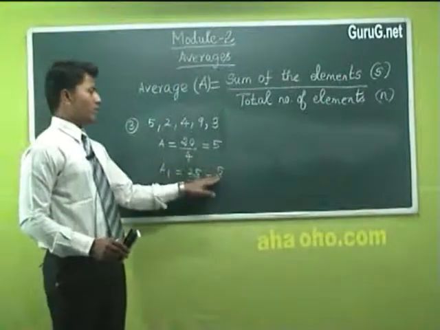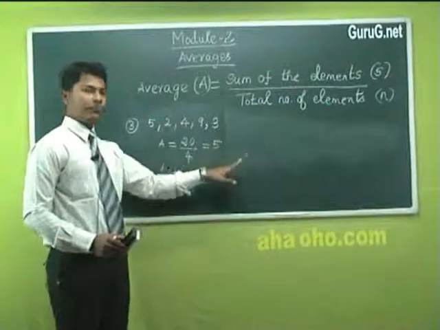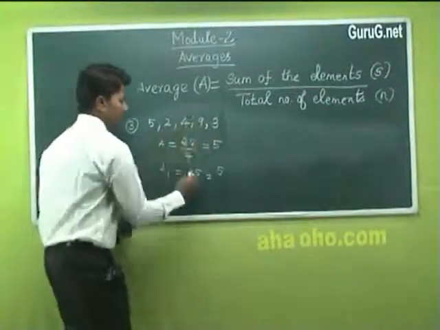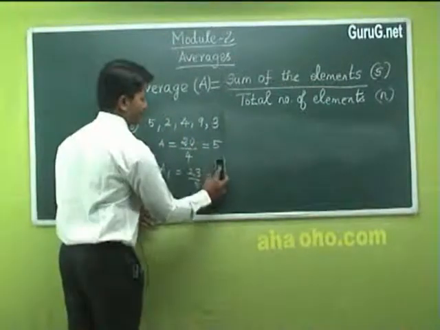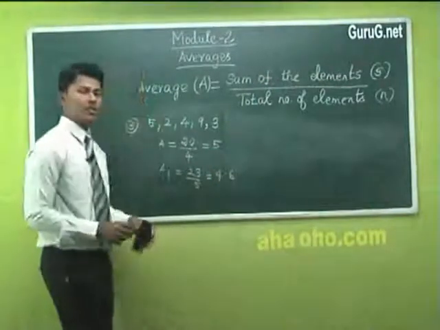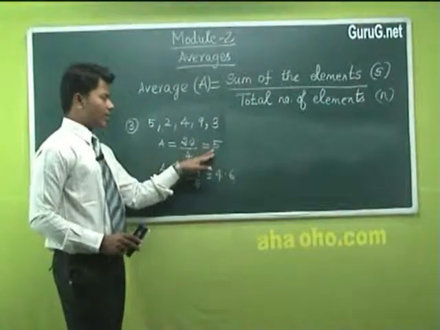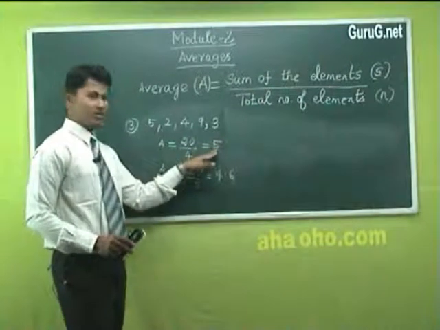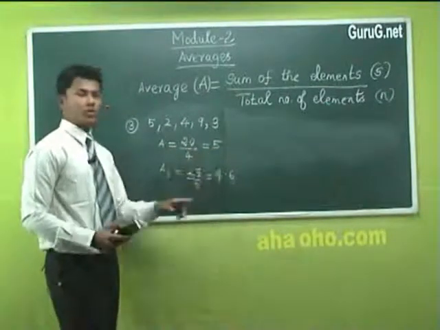Obviously, your new average must be less than 5. It will never be greater than 5. Just see, 23 by 5, 4.6. So, if you are adding an element that is less in value when compared to your existing average, the new average will be less than the previous one.